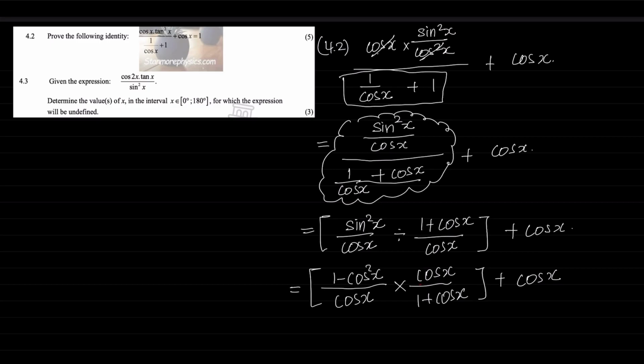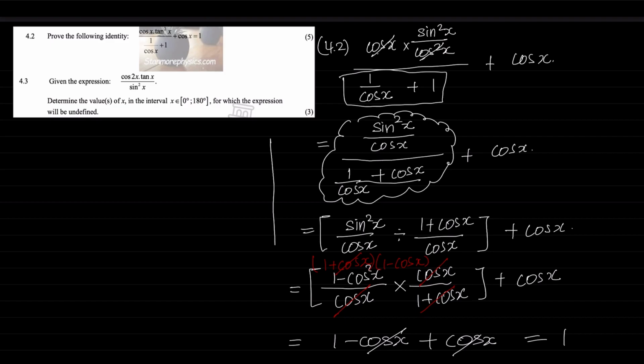Now this cos x cancels with this cos x, and then the 1 minus cos squared x I can write as 1 plus cos x and then 1 minus cos x, because that's the difference of two squares. I can then cancel this and this, leaving me with 1 minus cos x plus cos x, and that goes away, and then the answer is 1. So we've proved the left hand side equal to the right hand side.